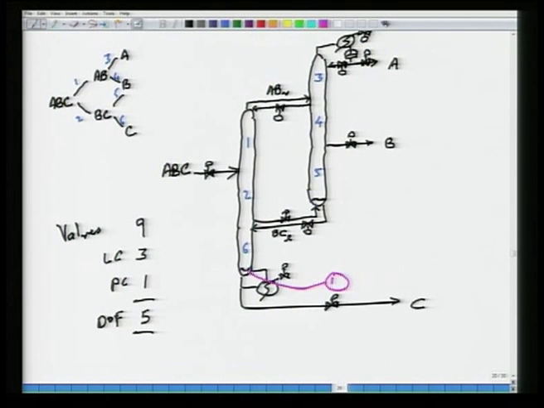Let us just draw those controllers. So, these are the 3 level controllers.